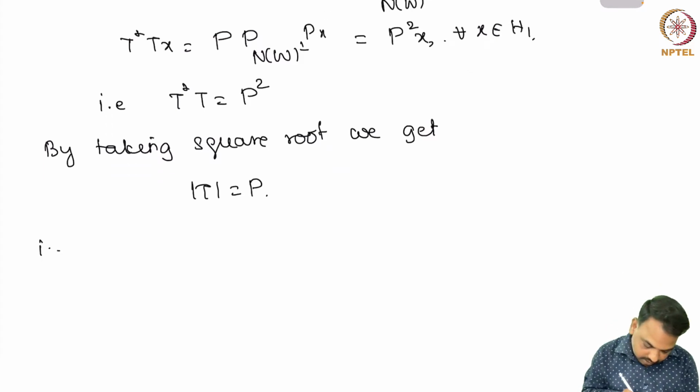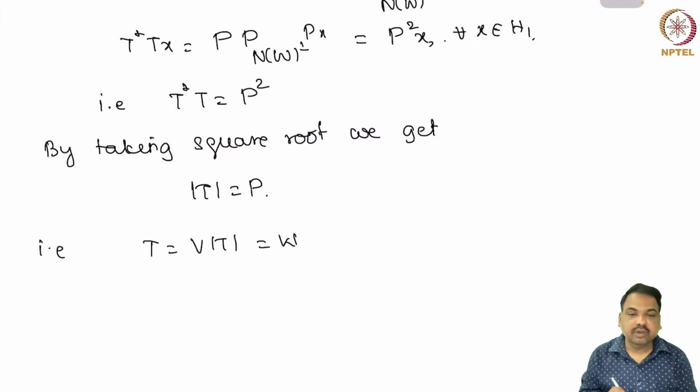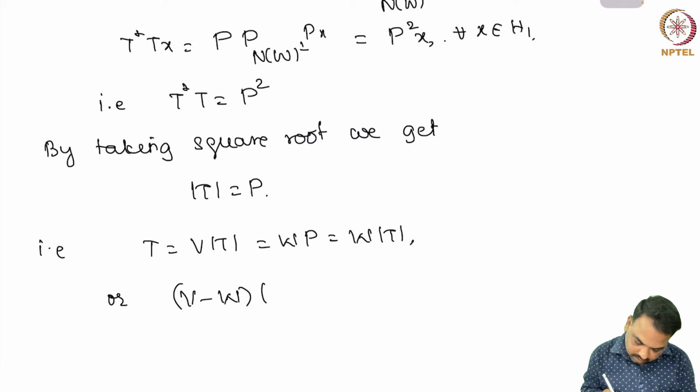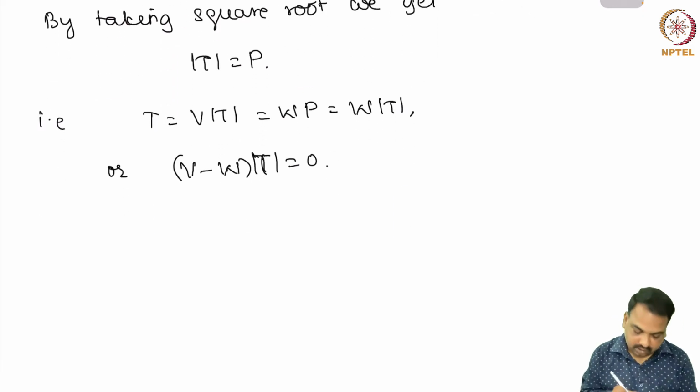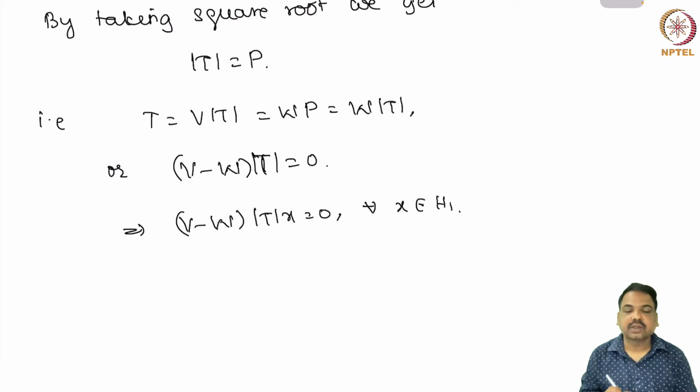That means we have T equal to V mod T, and that equals WP, that is nothing but W mod T, or we can say that V minus W mod T is 0. So this means V minus W mod T x is 0 for every x in H1.